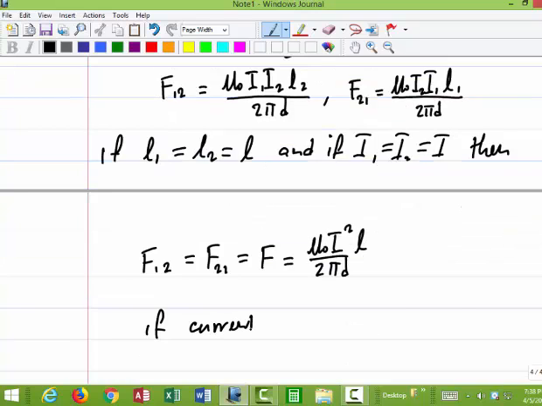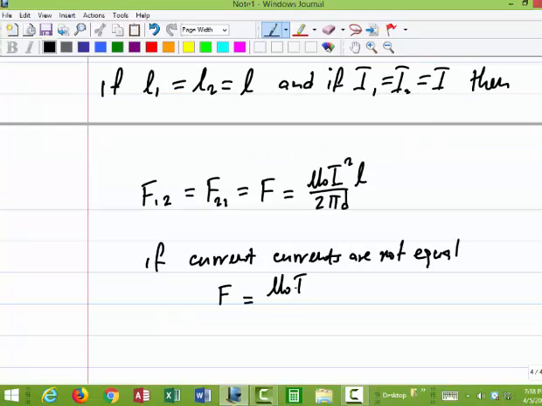If the currents are not equal, then the force between them is just mu naught I1 I2 L over 2 pi d. So suppose they have the same length but an equal current, then you have that.